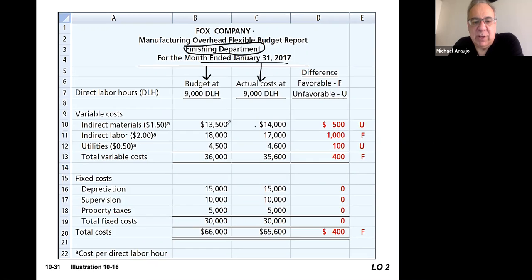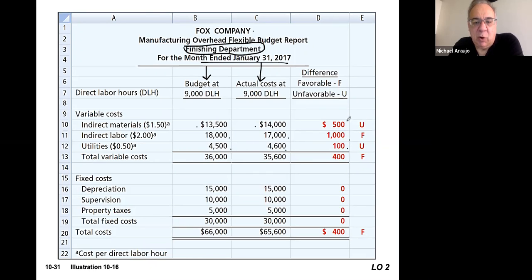indirect materials was 14,000. That was higher than the $13,500 that they budgeted, so that's unfavorable here. Direct labor budgeted 18, actual 17. That actually is better. Less labor costs is favorable to the company. Right, less costs to the company. Budgeted utilities, actual utilities, slightly unfavorable, a little bit over.